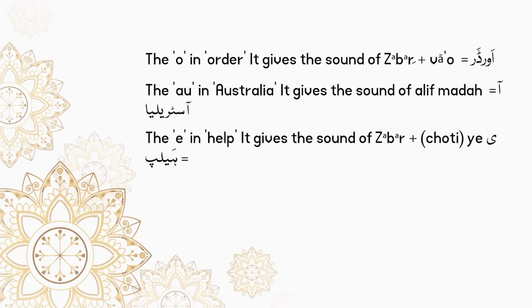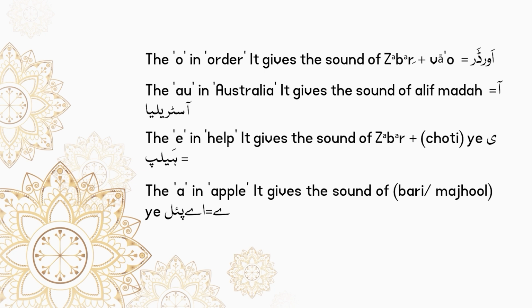Australia. The e in help, it gives the sound of zabar plus choti ya, and we have zabar followed by ya. Help. The a in alphabet, it gives the sound of badi majhul. Apple.